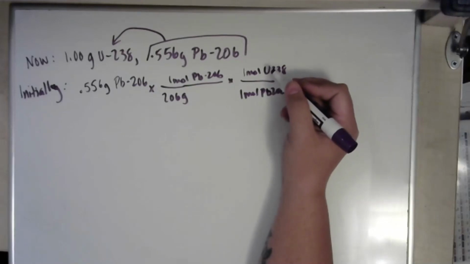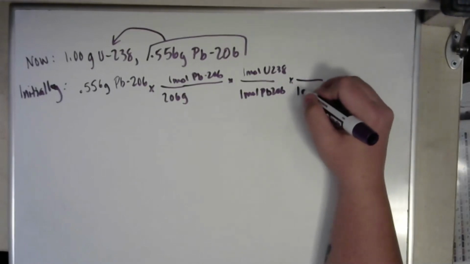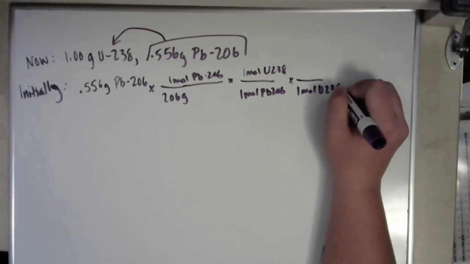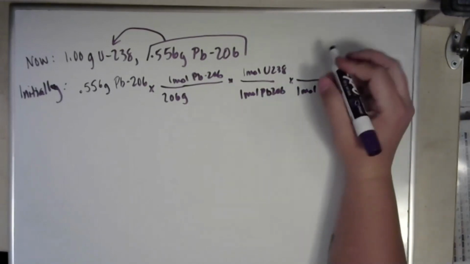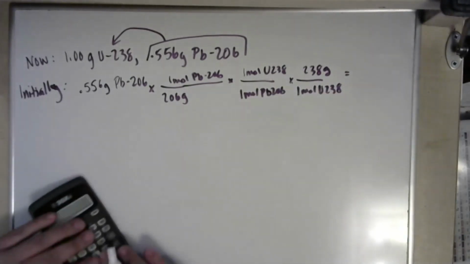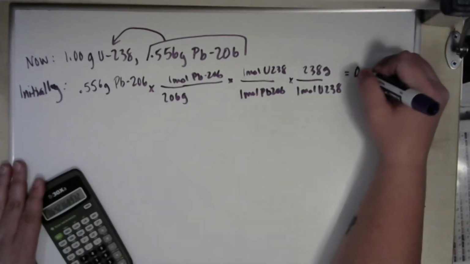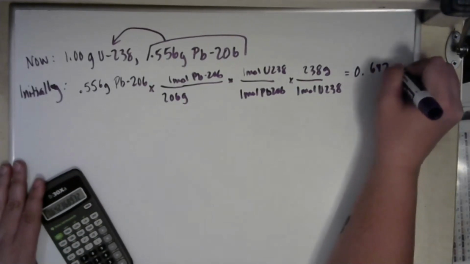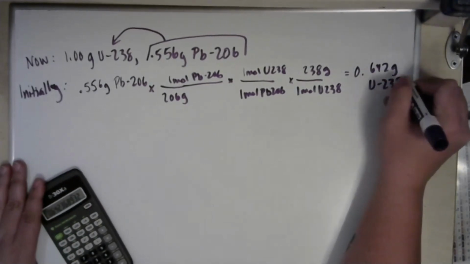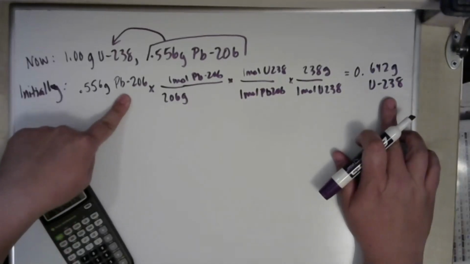Now we can convert this into grams because every 1 mole of uranium-238 has a mass of 238 grams. So 0.556 grams of Pb-206 is equal to 0.642 grams of uranium-238 that we had before, but it's now converted into lead-206.